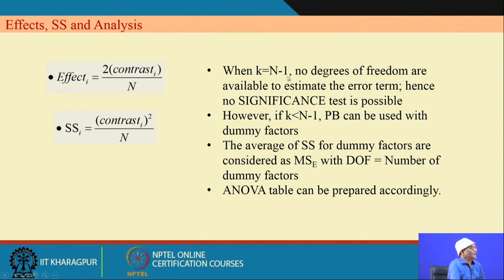Now, when k equals n minus 1, no degrees of freedom are available to estimate the error term, hence no significance test is possible. That is the situation.